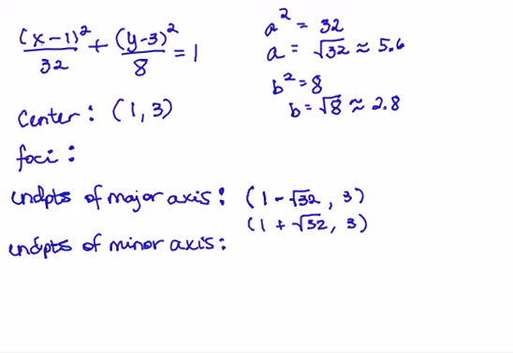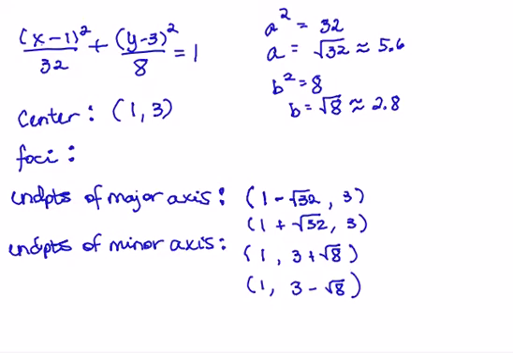And so then to find the endpoints of our minor axis, this is where I'm going to go up and down in the y direction, and that means that my x coordinates are going to stay 1. It's just the y coordinates that are going to change this time. So we're going to go 3 plus the square root of 8, or 3 plus 2.8, and 3 minus the square root of 8, or 3 minus 2.8.